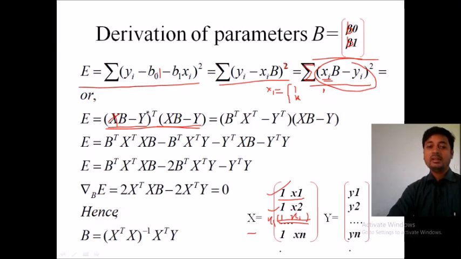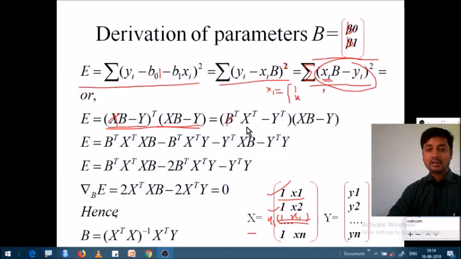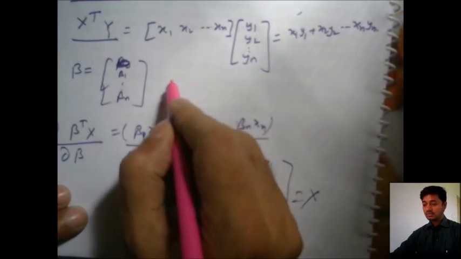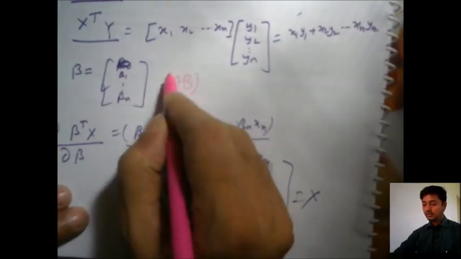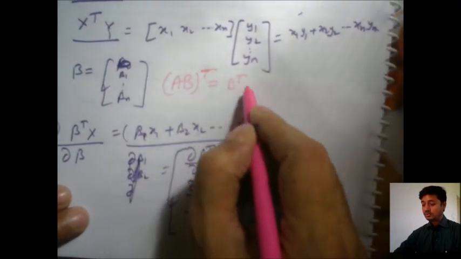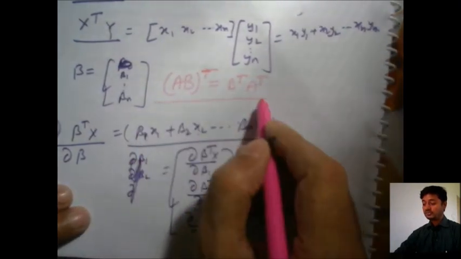Now you decompose the transpose, which will come inside. So x b whole transpose is equal to b transpose x transpose, using the standard formula that (ab) transpose is equal to b transpose a transpose.